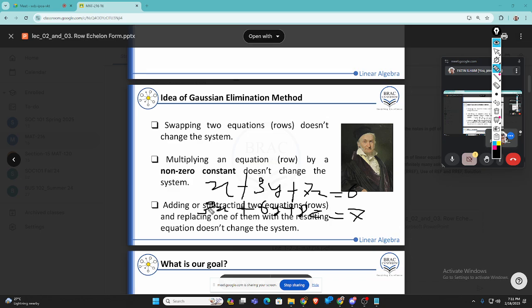Now if you swap this equation to there and take this equation here, you're swapping places, right? If you swap places, it won't really change the system, or to say it in mathematics, it won't change any solutions.